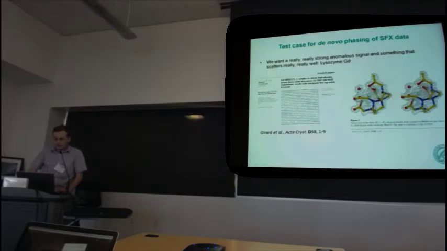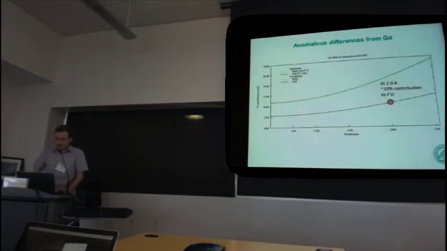And we chose lysine gadolinium for the test case. And the anomalous signal from gadolinium, even in the pessimistic case, where more than 60% of the gadolinium atoms are disordered, still gives about 10% contribution to the scattered intensities at 2 angstroms. So it's a very high anomalous signal.